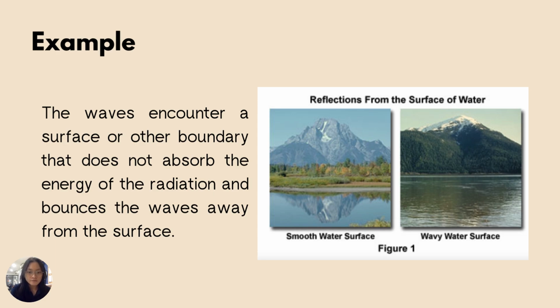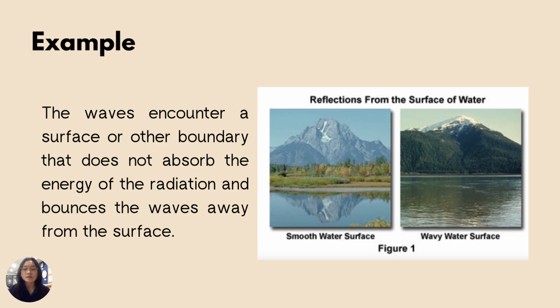On the left side of the picture, you can see the reflection of the mountain on a water surface that is smooth and still, therefore making it clearer for humans to see. Overall, there are no distortions in the pattern of the reflected light.